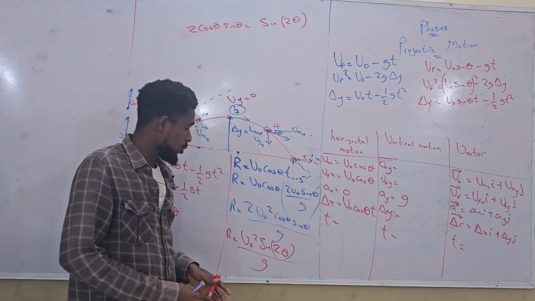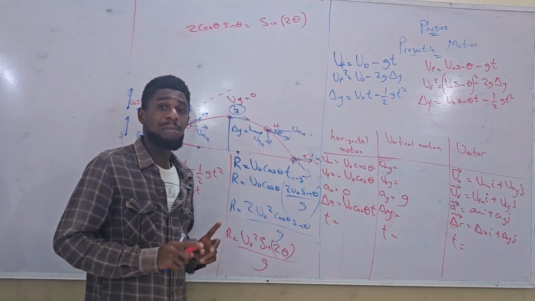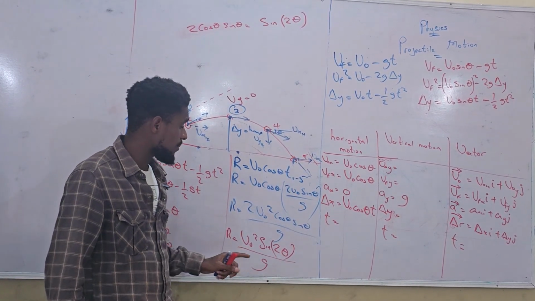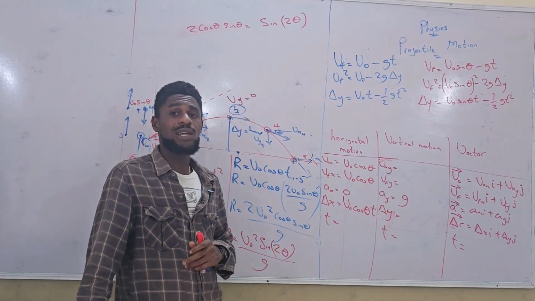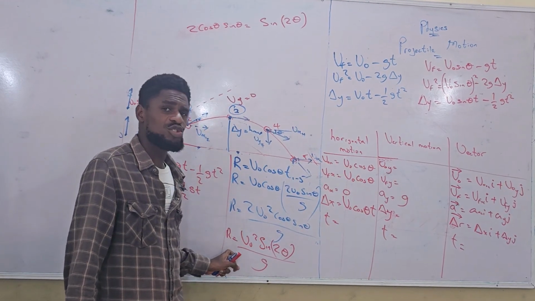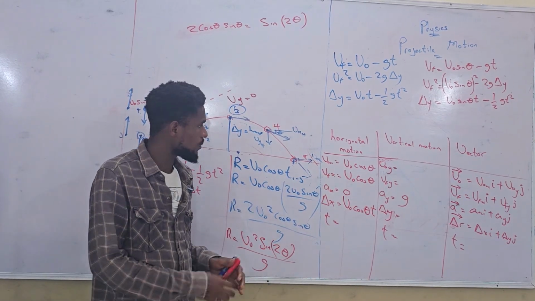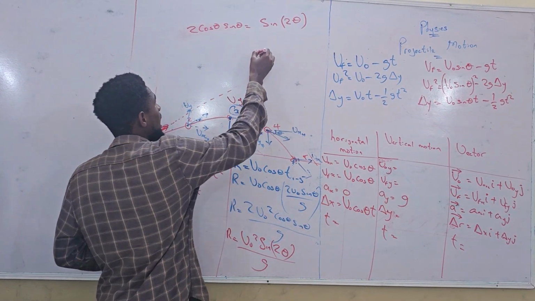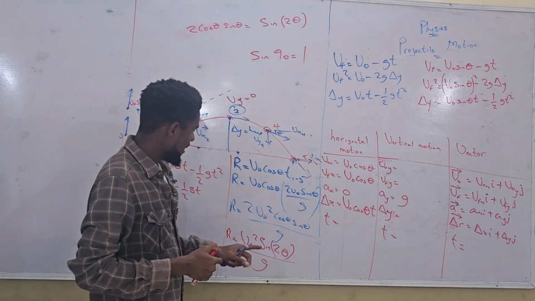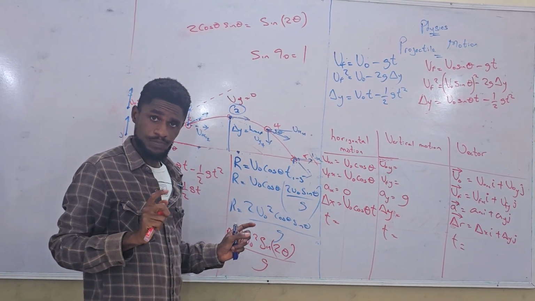And again from trig, we know that the maximum value of the sine or cosine of any value is always equal to 1. So if I want this range to be maximum, what would my theta have to be? Remember, we know from trig that sine of 90 is equal to what? 1. And if that is equal to 1, then definitely my range is at its maximum.